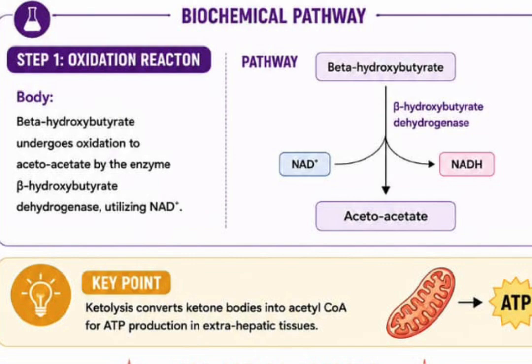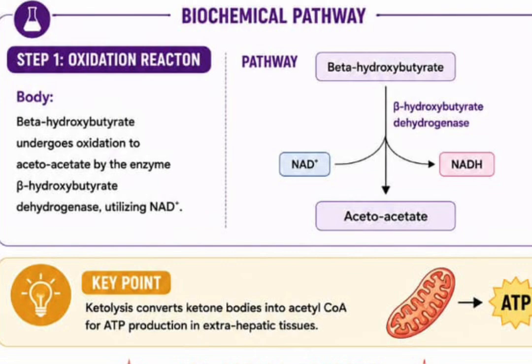Now the continuation of that is that I already have my beta hydroxybutyrate, and I will reoxidize it back to acetoacetate, because before I reduced it. Now that I've passed the barriers and I'm already in the tissue, I have to go back by oxidizing beta hydroxybutyrate to acetoacetate.